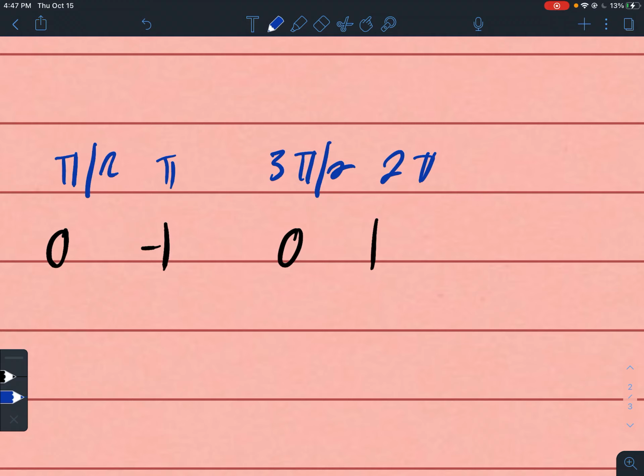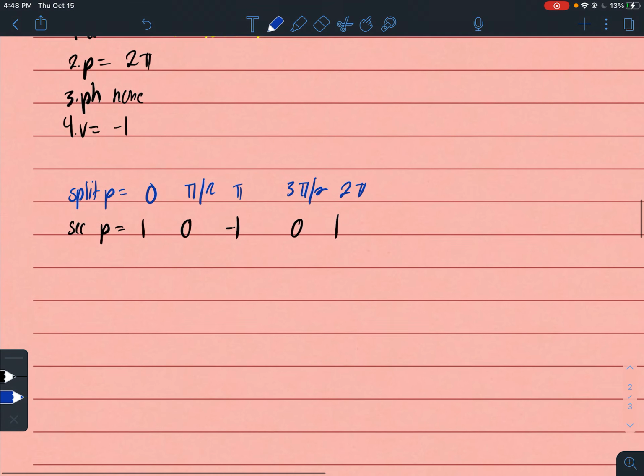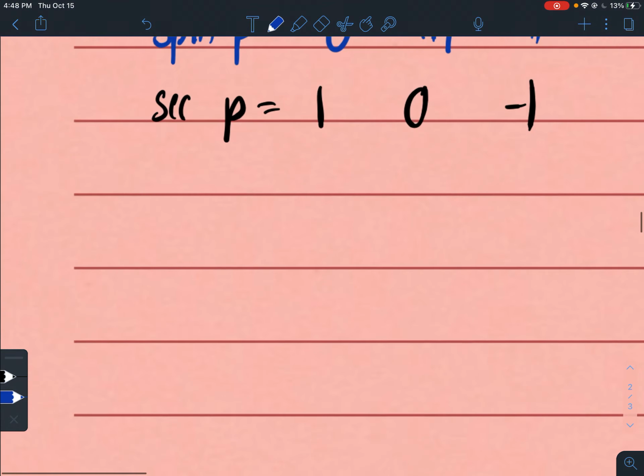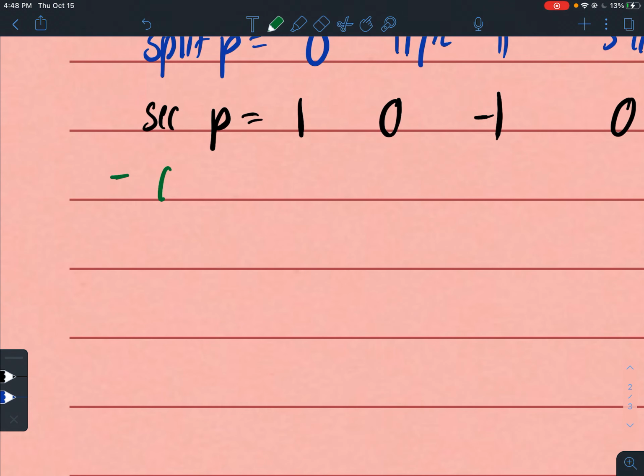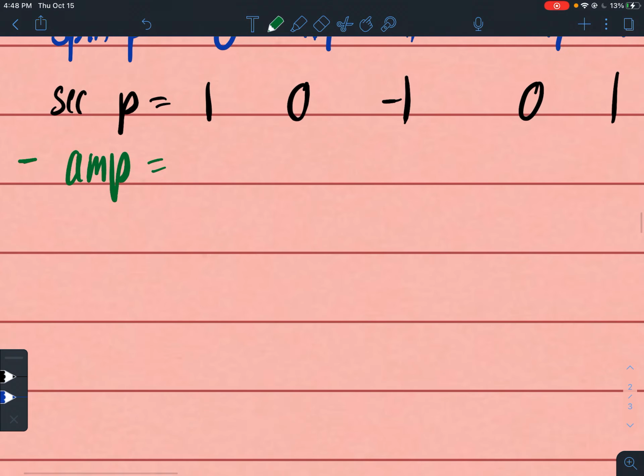The next thing you can do is subtract the amplitude. Not multiply, but subtract the amplitude. So you can just put -2.